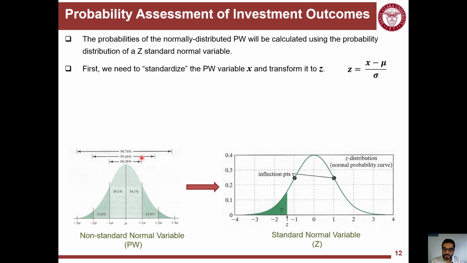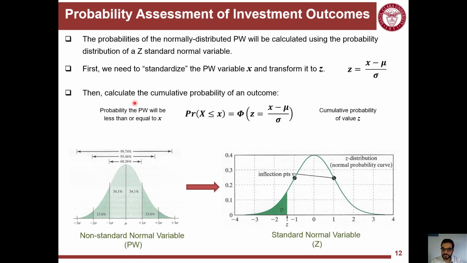But to be able to calculate the different probabilities, it's easier to follow the Z standard normal distribution, where the mean is equal to 0. So we need to standardize the expected values that we got for the present worth. For any value we compare to that expected present worth, we need to normalize.